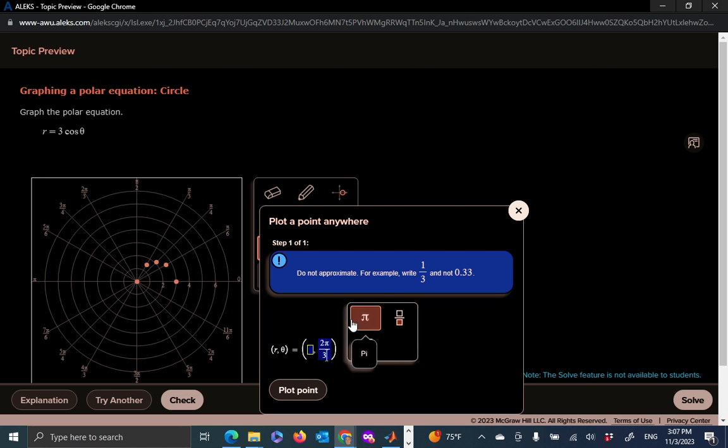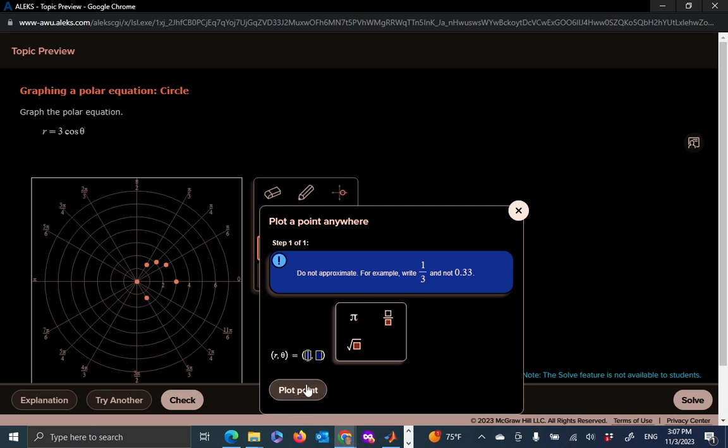Cosine of 2 pi over 3 is minus 1/2, times 3 is going to be minus 3/2. Okay, so what happens: a ray opening up in this direction, but we go out in the other direction. When we have a negative r, it means we have to back out and go to the other side. You notice this is a symmetric image of that one down here. So the same points are going to show up now.